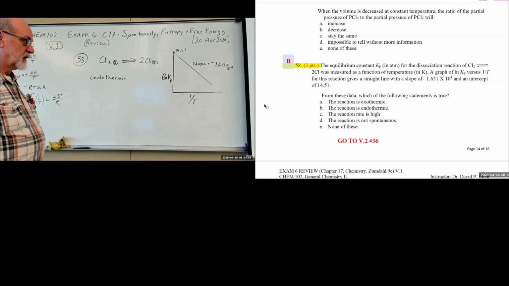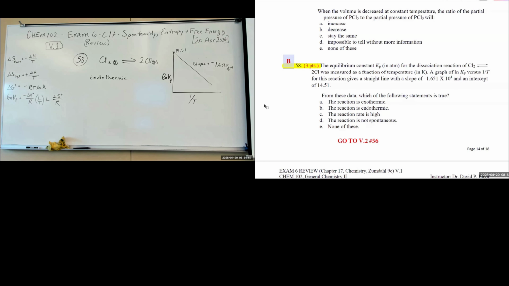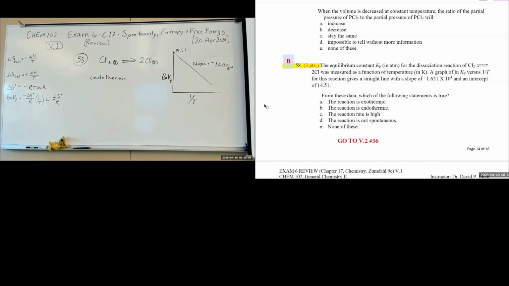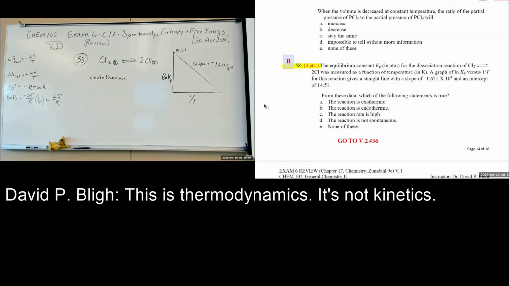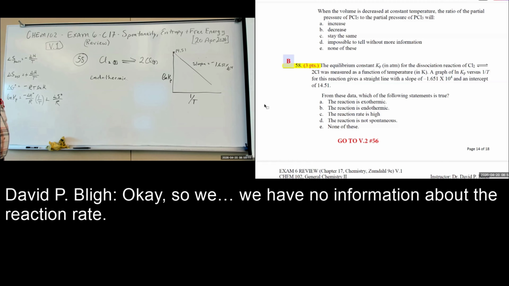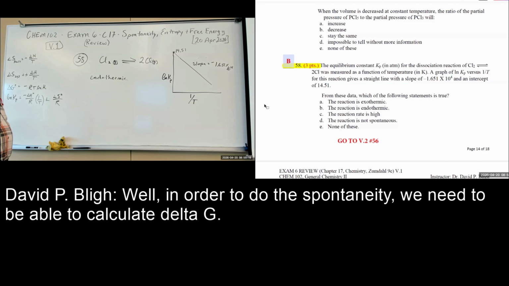Now B works. Can we tell anything about the reaction rate? No, because we're talking about equilibrium. This is thermodynamics, not kinetics, so we have no information about the reaction rate. How about spontaneity of the reaction?